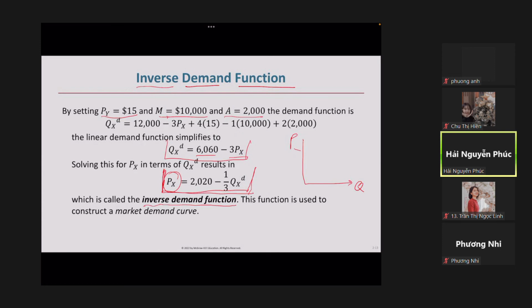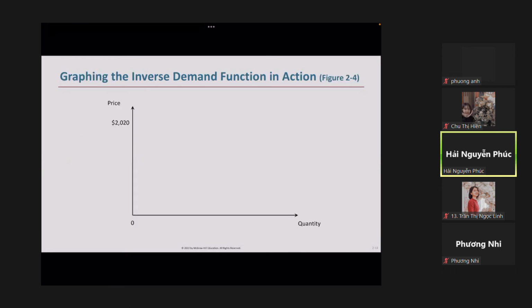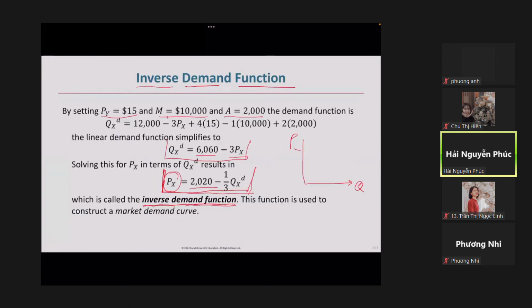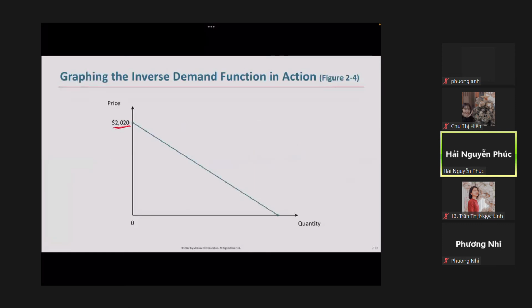So it is more convenient for us to have the inverse demand function. So here is our inverse demand function. Here is the intercept, which is 2020, and here is the slope, right?